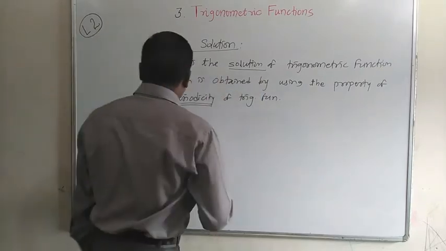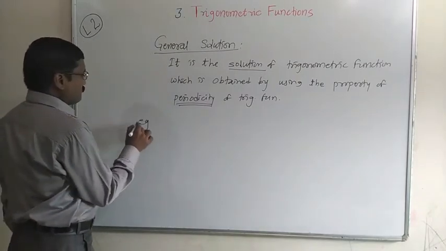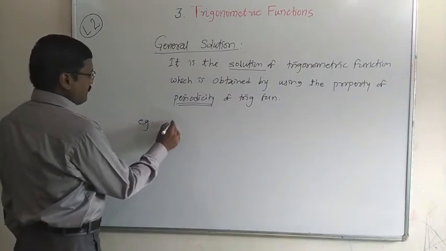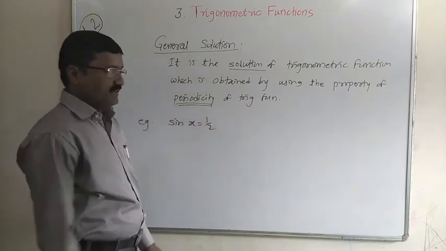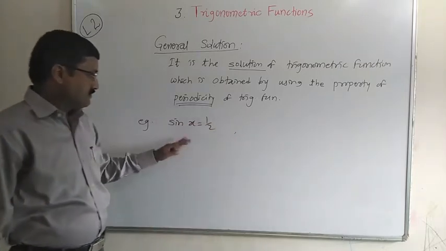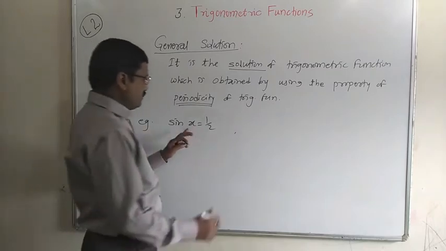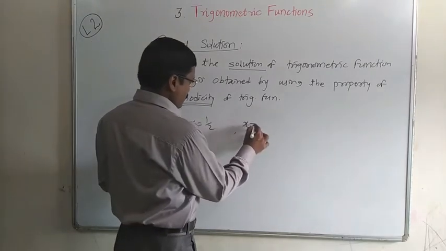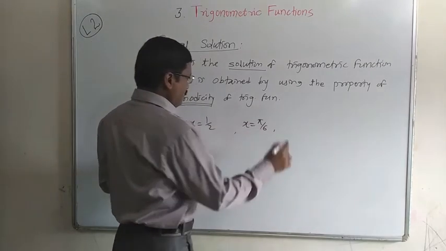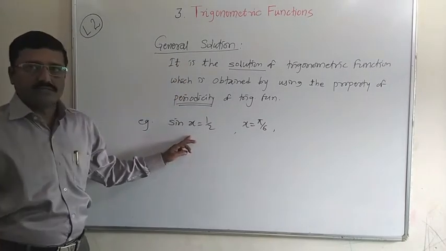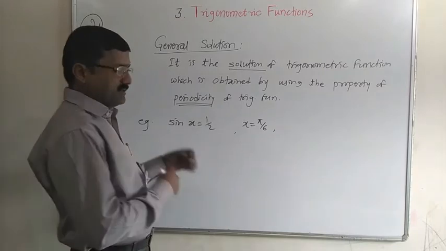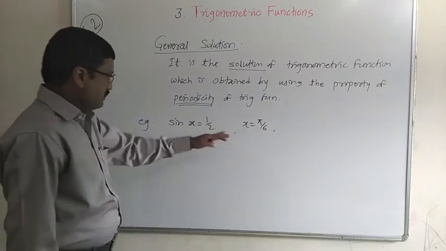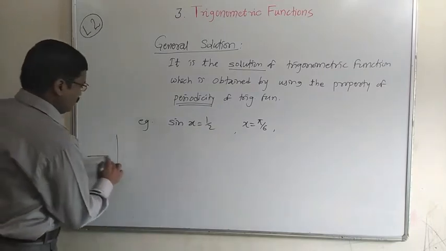Let us consider, for example, if sin x equals half, then we know that x equal to 30 degrees, that is pi by 6, satisfies this equation, so it is one solution.